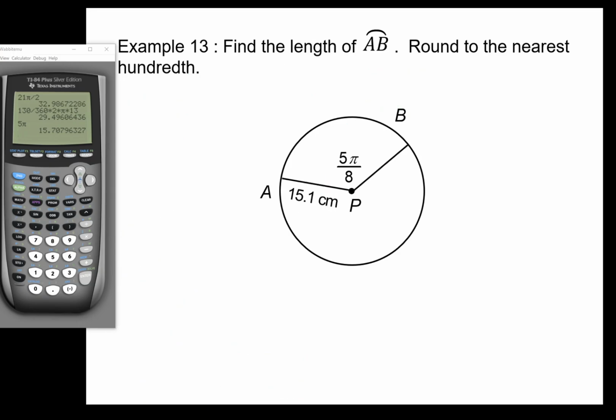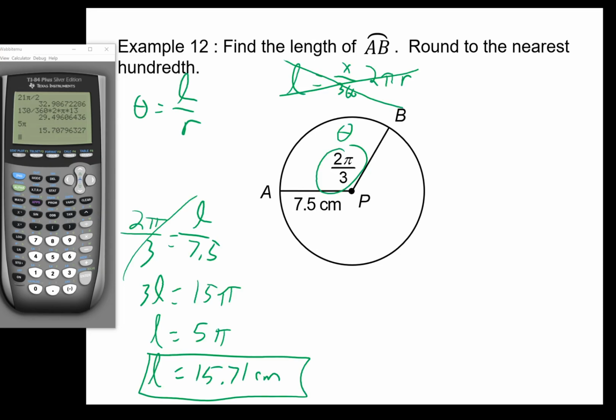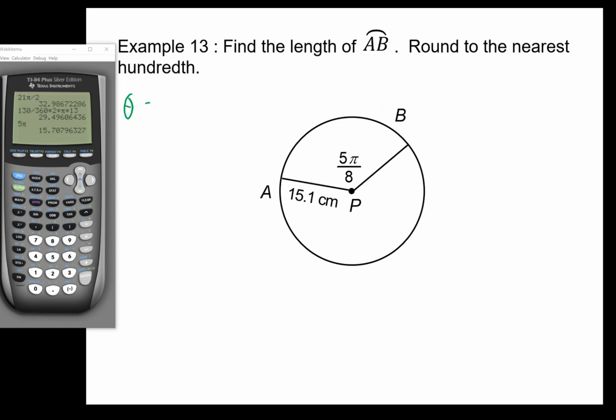13, last example. Find the length of AB based on this value. Our formula again is theta equals L over R. So theta is 5 pi over 8 equals L over our radius is 15.1.